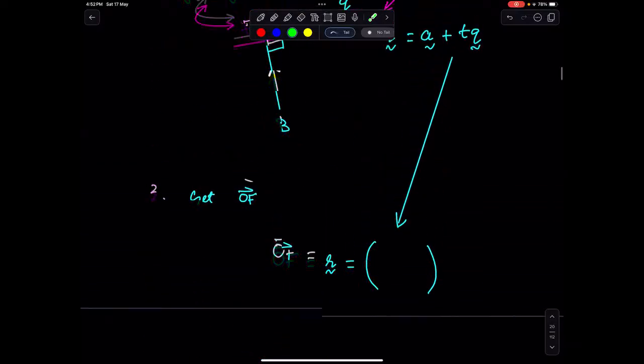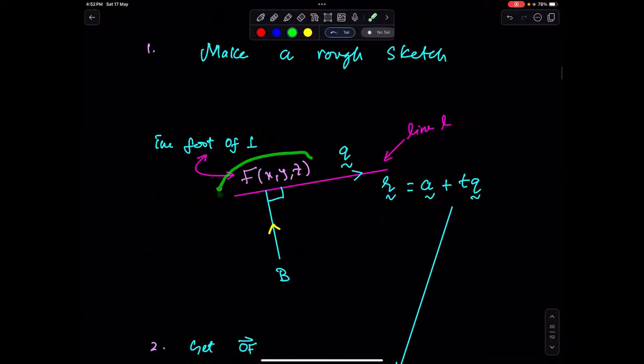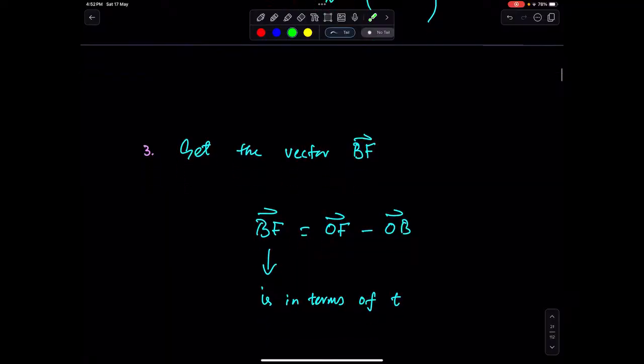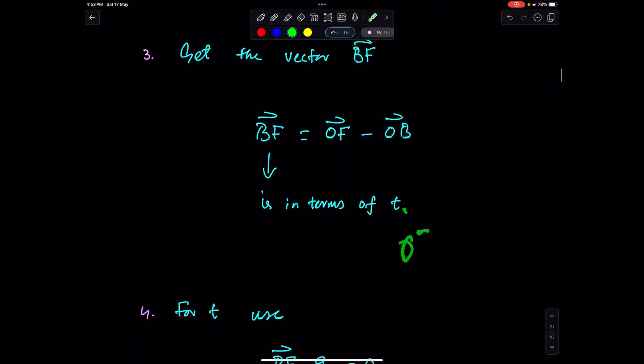What if the question is to find the position vector OF, the foot of perpendicular? Then substitute T into OF. So there are two types of questions. The first: find the shortest distance, then substitute T back into BF and get its magnitude.